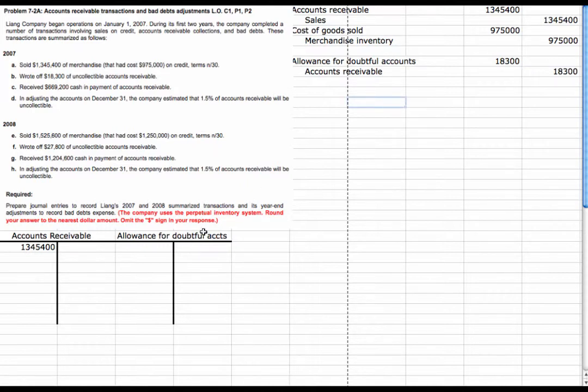So what we've just done here is we're reducing accounts receivable by $18,300, and we're reducing the allowance by $18,300.